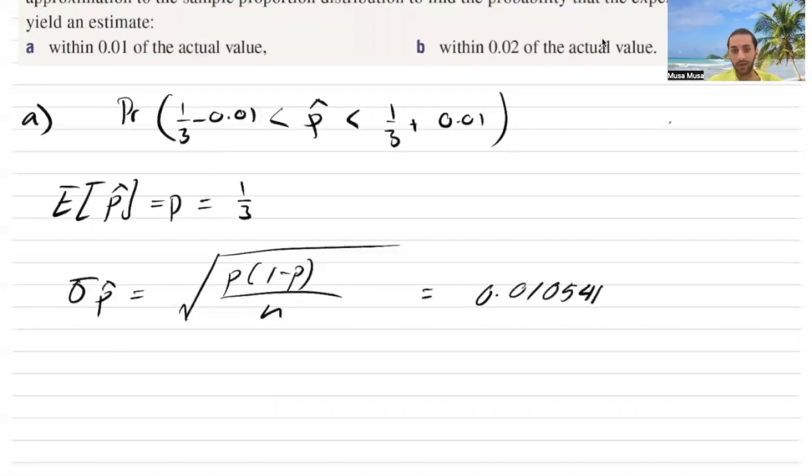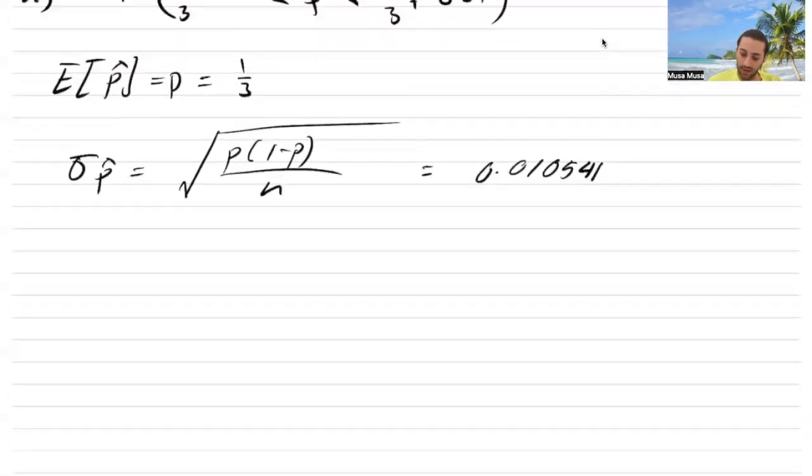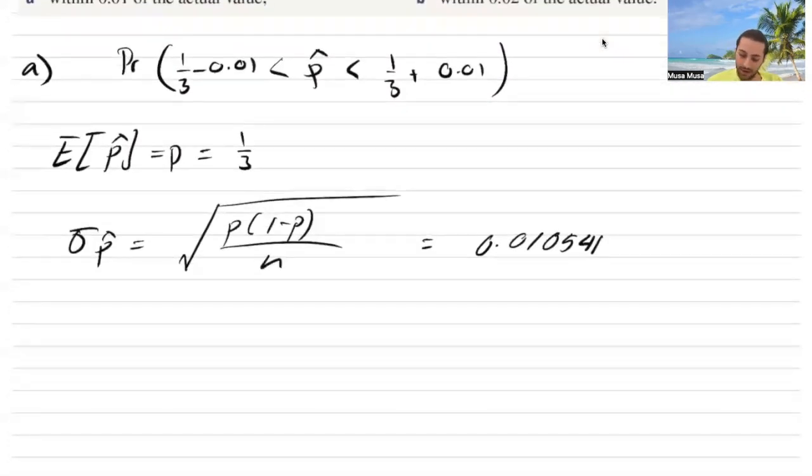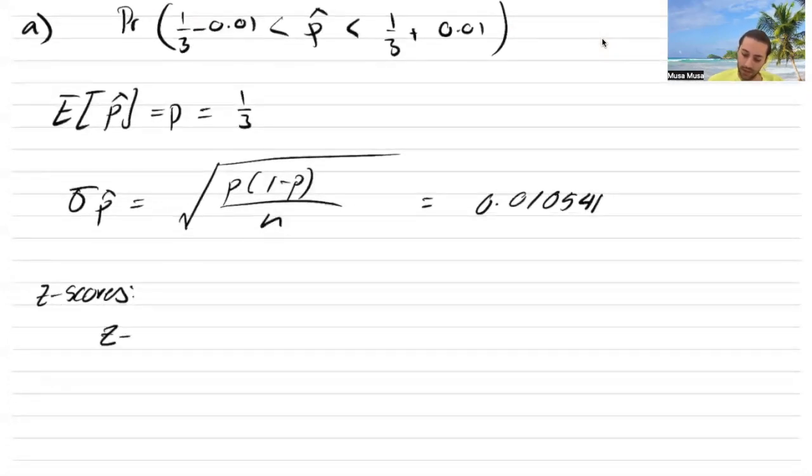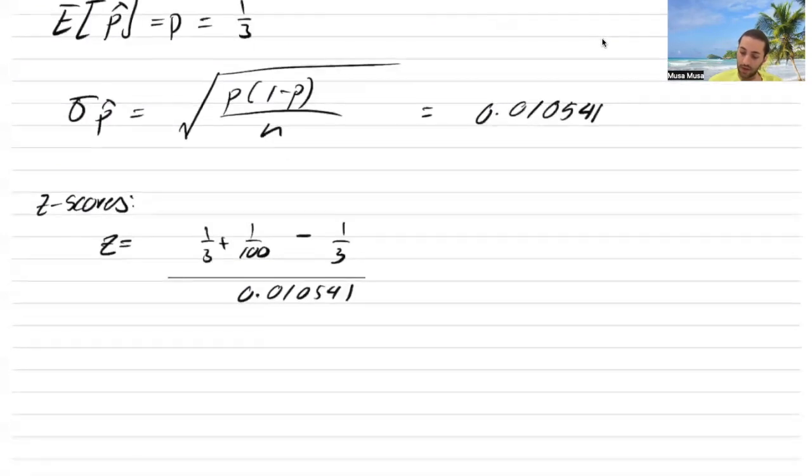It goes on, but I feel like that's going to be more than necessary. Very nice. Now, we need to find the Z scores. So Z is a third plus 0.01, so I'm just going to write it like, minus a third, over 0.010541. And that's going to be 0.00100541, I think. No, wait, what am I doing?